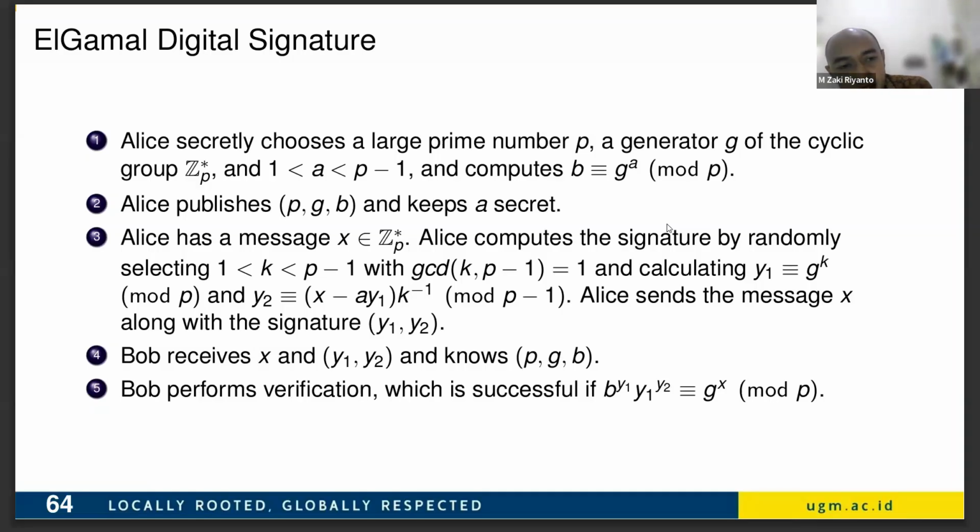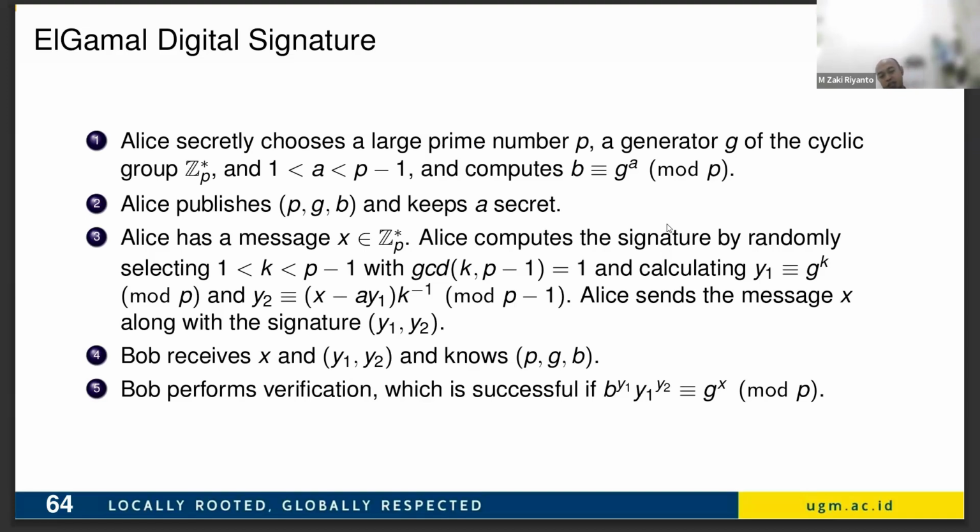The first one is Alice secretly chooses a large prime number P, and then a primitive root modulo P, that is g, an integer a, and then Alice computes B equal to g to the power of a modulo P, and then the public key is the values P, g, and B, and the secret key is the value a.